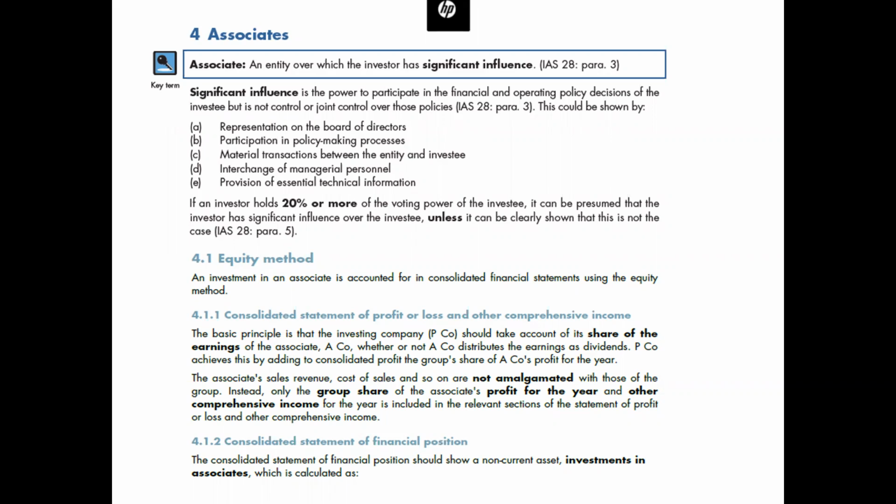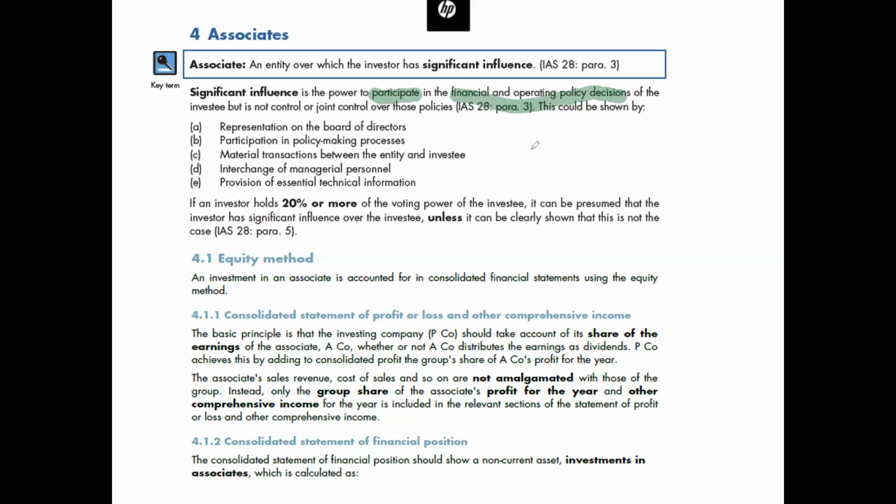That's control. Significant influence tells you I can only participate. That's the main thing you need to see with significant influence: I can participate in financial and operating policy decisions.